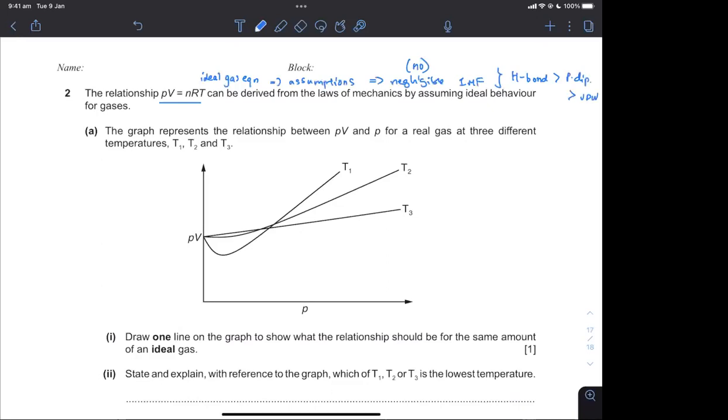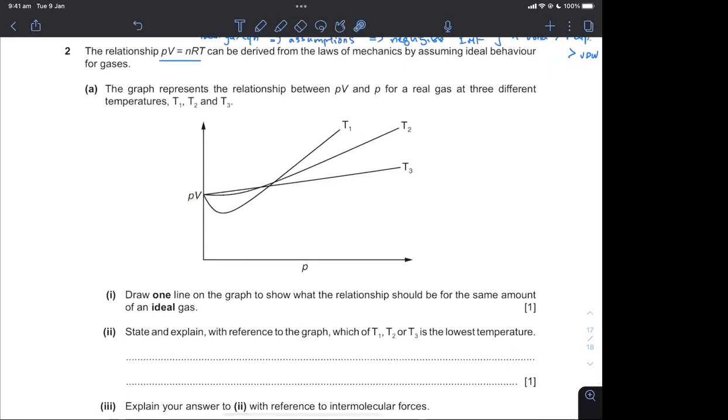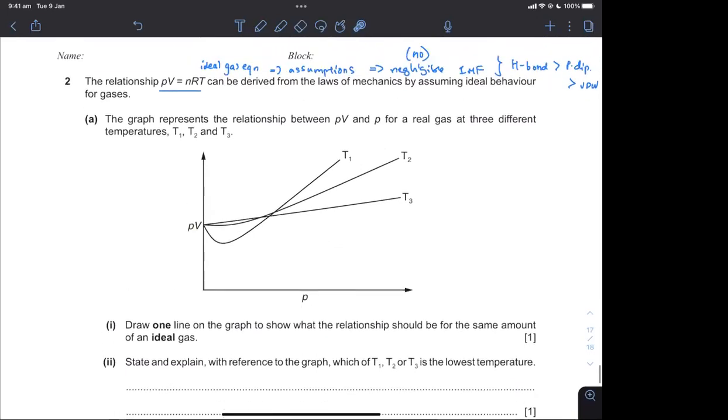Okay, now I look at this graph here, PV against P. If we say PV equal to nRT, n is the number of moles of gas, R is the molar gas constant, T is temperature. So PV equal to constant is part of something you learn in physics called Boyle's law. In physics, you just do the math, you just do the calculation. In chemistry, we talk about what happened to the particles.